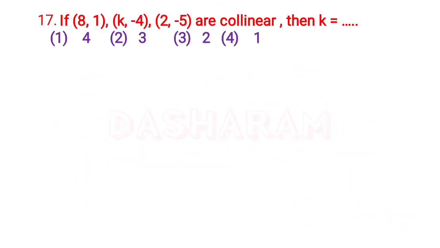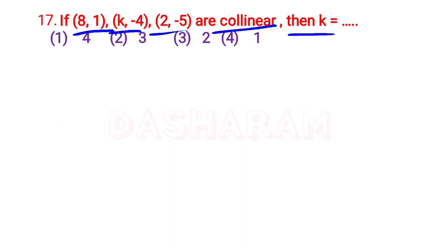17th question, if (8, 1), (k, -4), (2, -5), the 3 ordered pairs are collinear, then what is the k value? So the definition of collinear is, if the 3 points lie on the same line, then the 3 points are called collinear. And one more definition is, if the area of a triangle is equal to 0, then the given 3 points are collinear points.